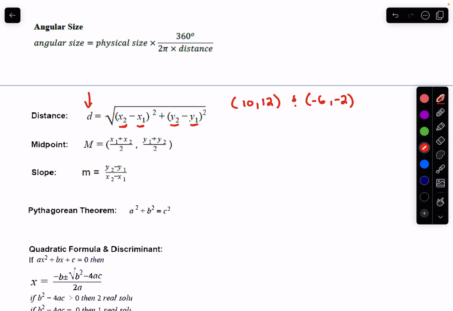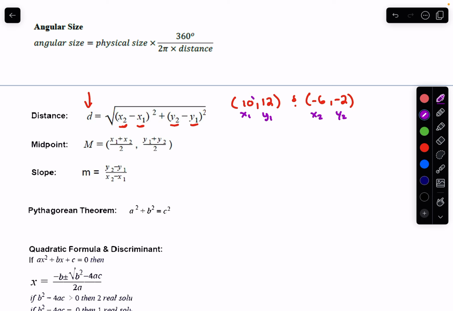That is the X value and the Y value from my first coordinate. This is the X value and the Y value from my second coordinate. So I'm going to plug in 10 where I see x1. I'm going to plug in 12 where I see y1. I'm going to plug in -6 where I see x2, and -2 where I see y2.